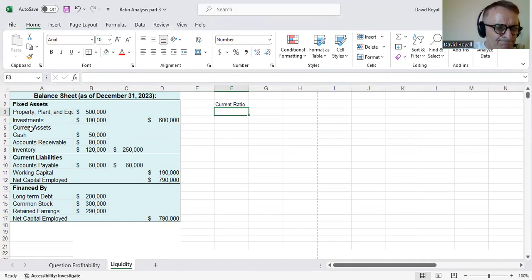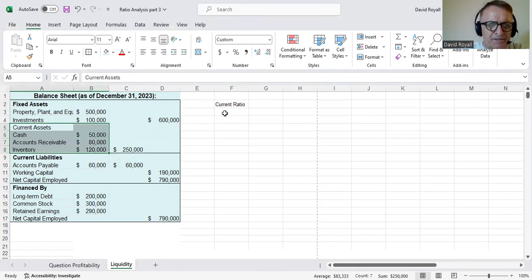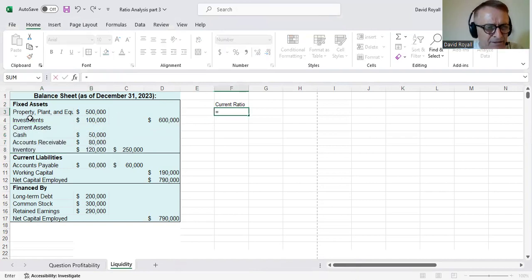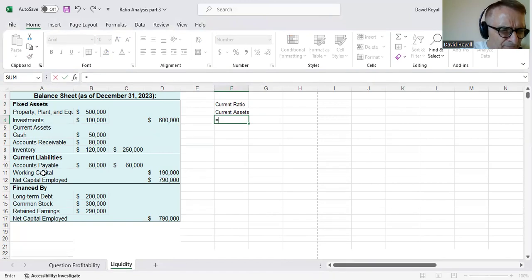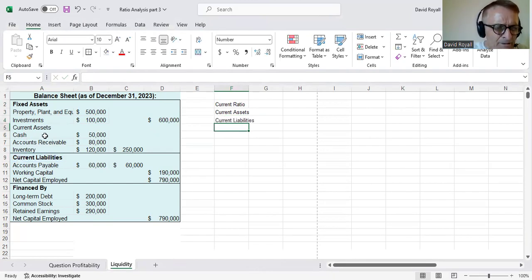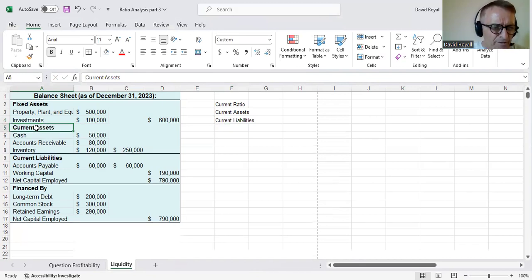So what have we got? Okay, well, here's our current assets. So we do need the current assets, and we need the current liabilities. So highlight that, make sure that's clear to see. So what are the current assets? Well, it's all added up for us.